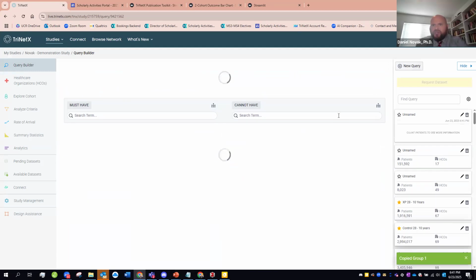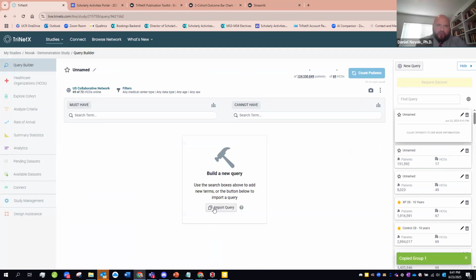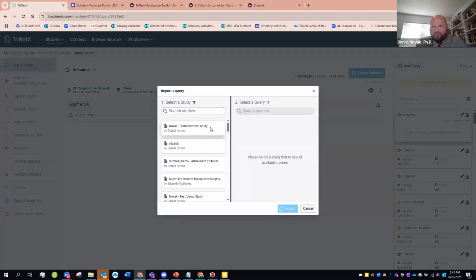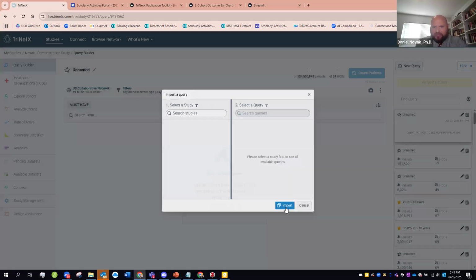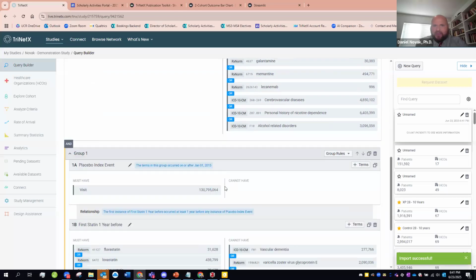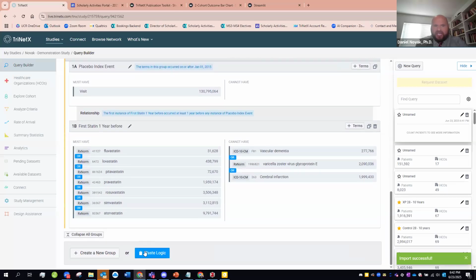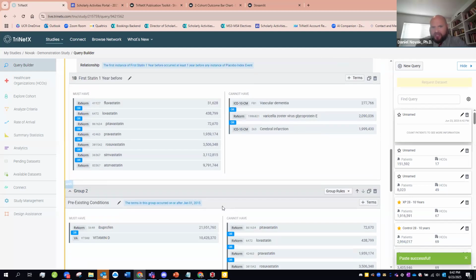And to create a new query and either import the old query, actually, that's maybe an easier way to do things. You can import your last version, and you can edit it and paste additional logic in here as well.